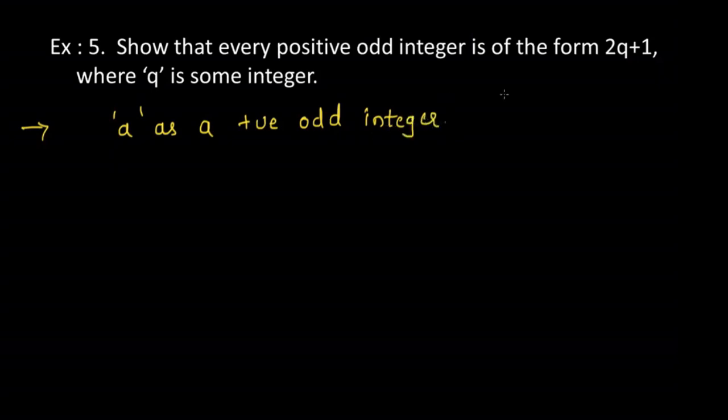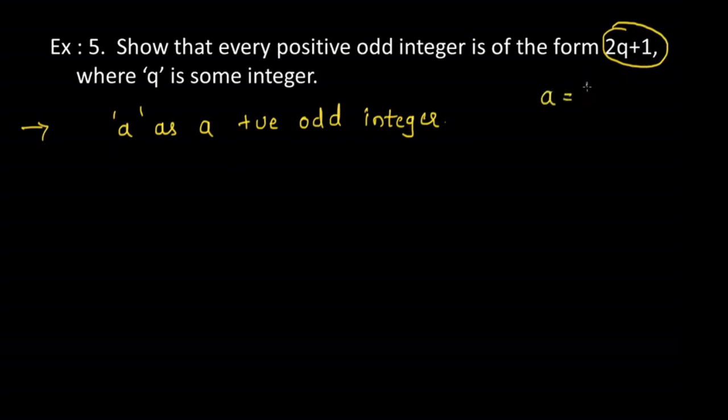And as told here, it is always in the form of 2q plus 1. If you see this equation, you will come to know this is the same as the RHS part of Euclid's division lemma. What is the RHS part of Euclid's division lemma?